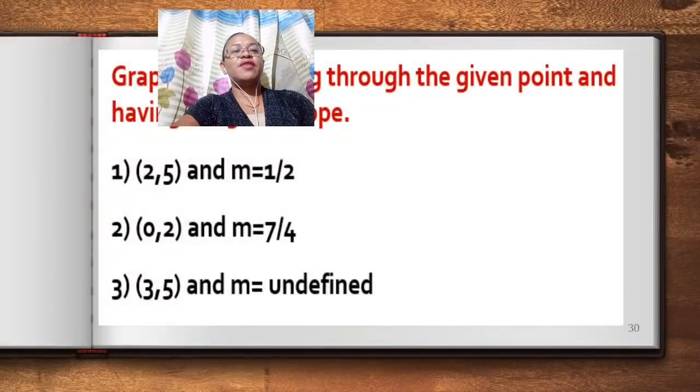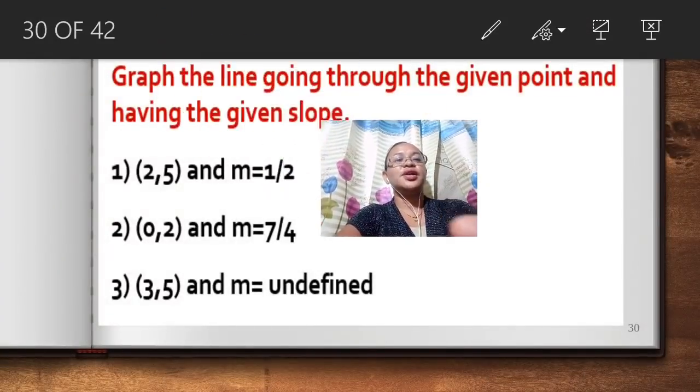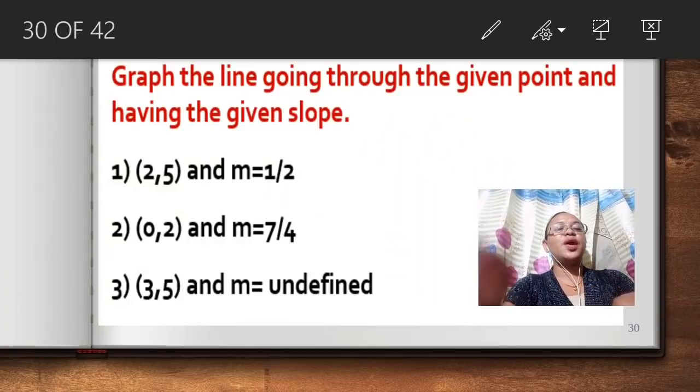Okay, so we have here the last one. Since you already know how to graph the line and how to find the slope, I have here some activity. According to the instruction, graph the line going through the given point and having the given slope.